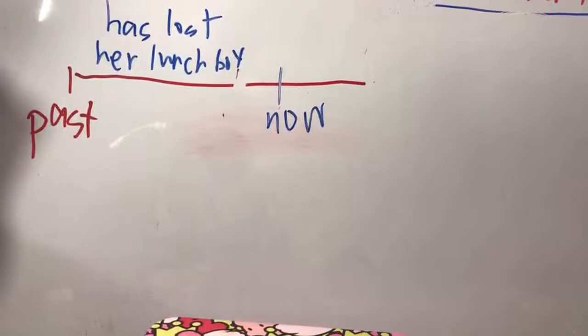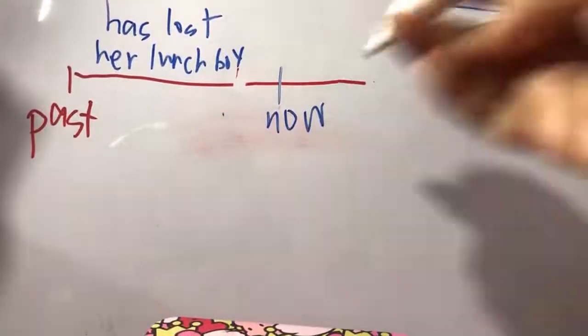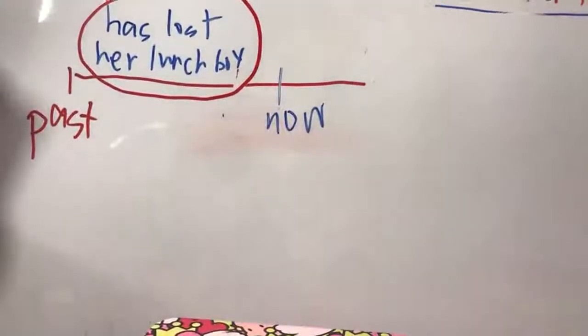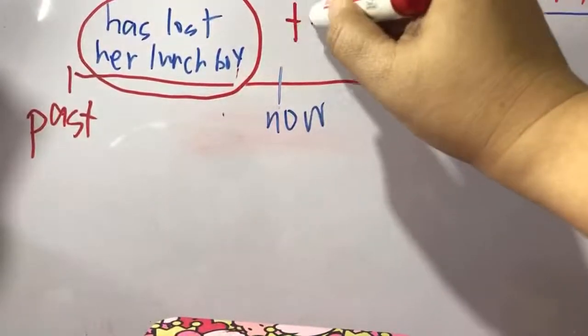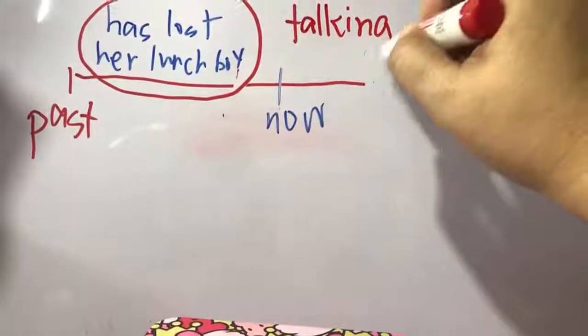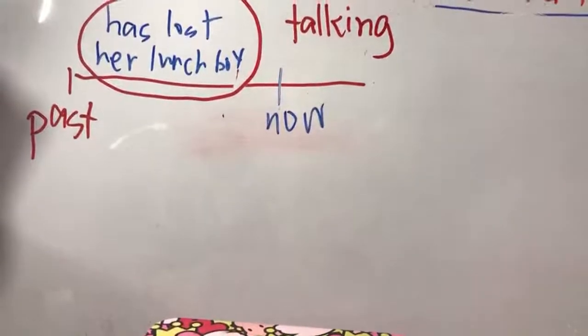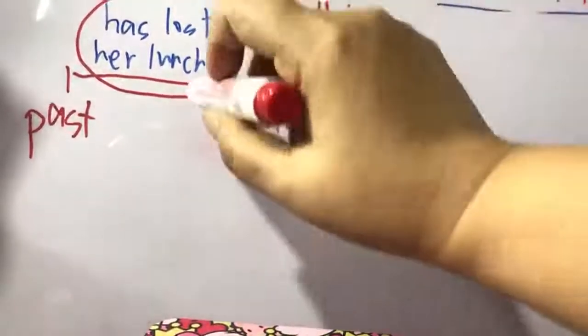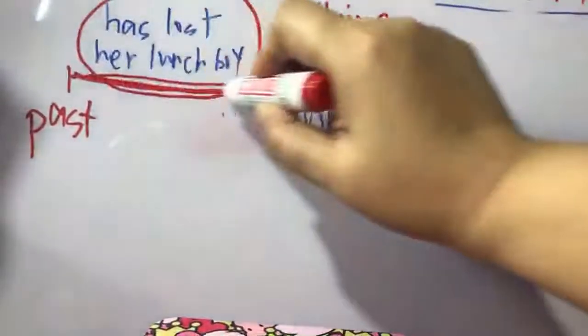Okay? So this situation happened in the past. Right? So now we are talking. For example, I'll ask you, Mizuki, what's your sister's problem? For example, she has lost her lunchbox. So it happened anytime in the past.